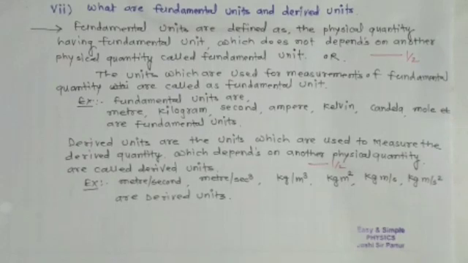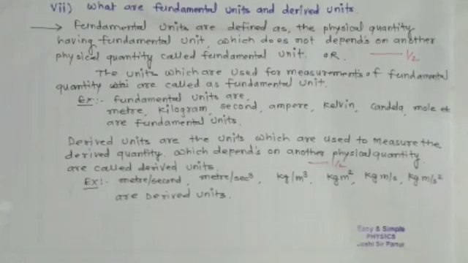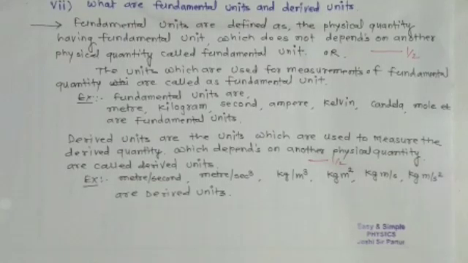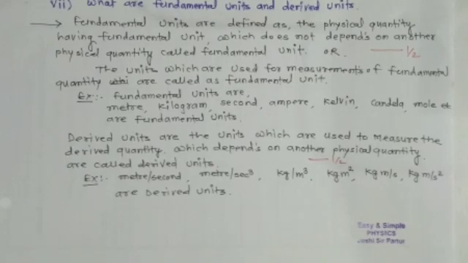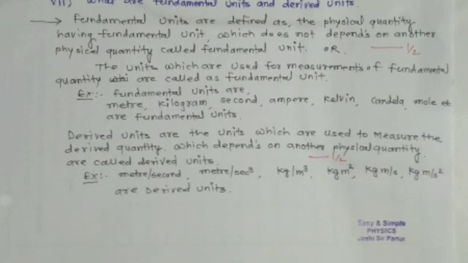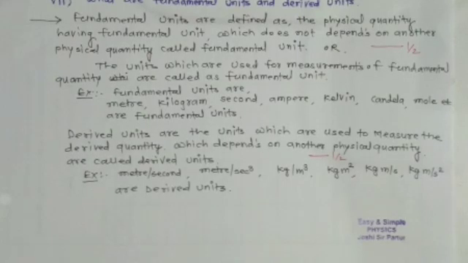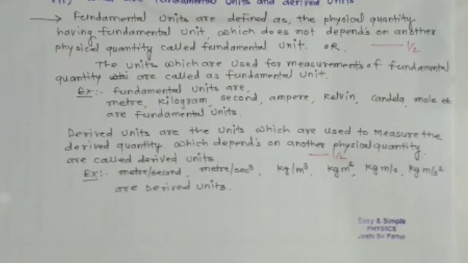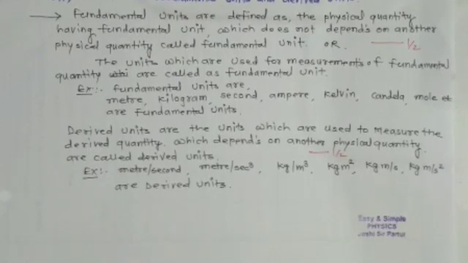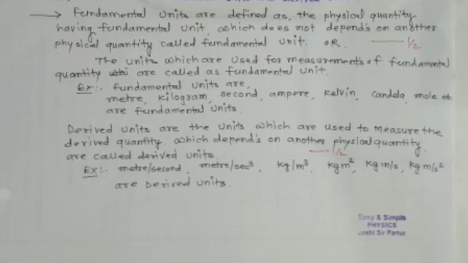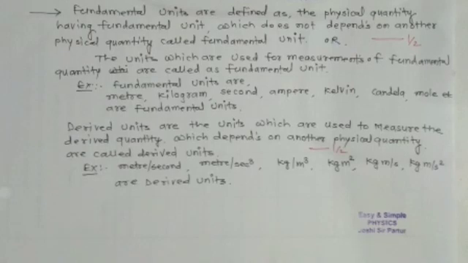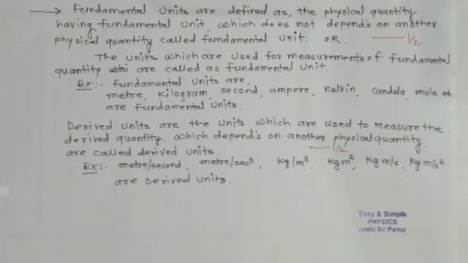But derived units are the units which are used to measure derived quantities, which depend on other physical quantities, called derived units. Examples are meter per second cube, kilogram per meter cube, kilogram meter square, kilogram meter per second, kilogram per meter second square.